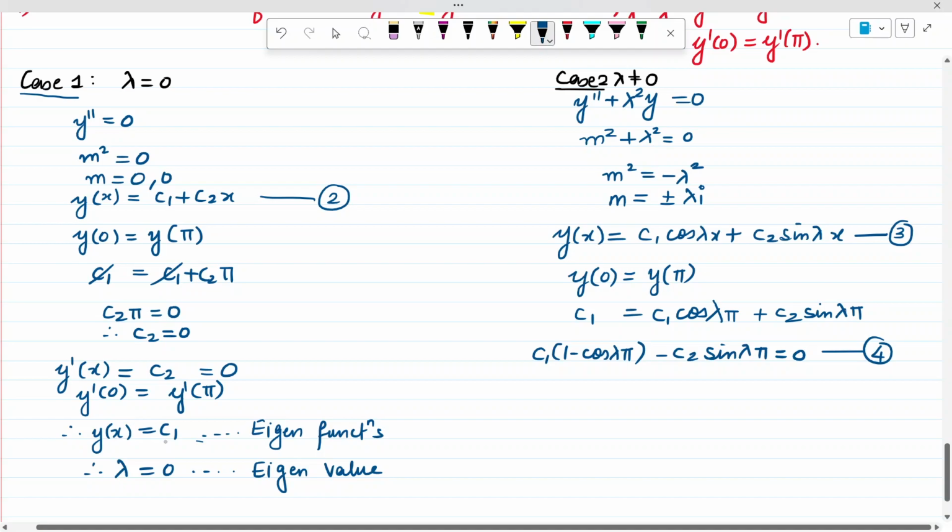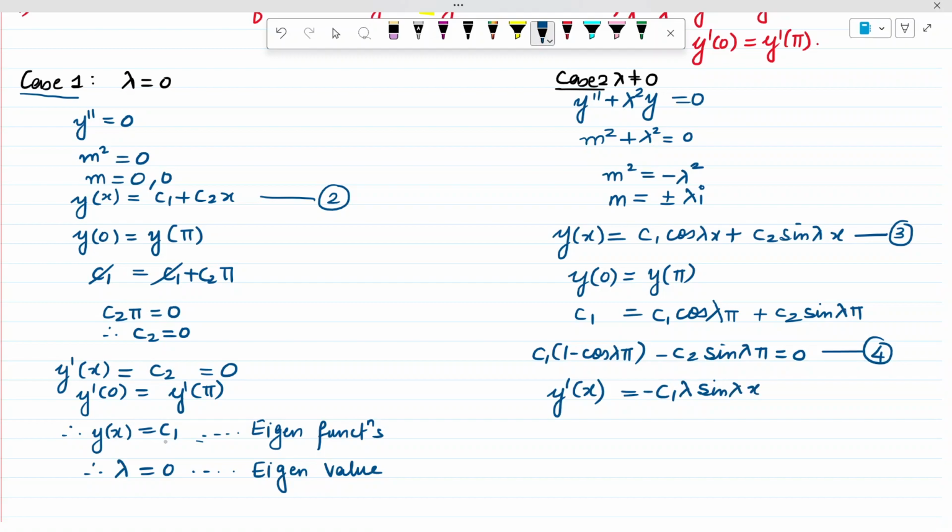And we have another boundary condition which is for y dash. So let me first find the derivative of equation 3. So I'll be having negative C1 lambda sin lambda x, positive C2 lambda cos lambda x. Okay. And we again have y dash at 0 is equal to y dash at pi. So we put 0 in place of x here. So we will have the first expression becoming C2 lambda.